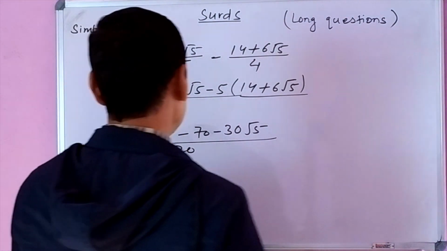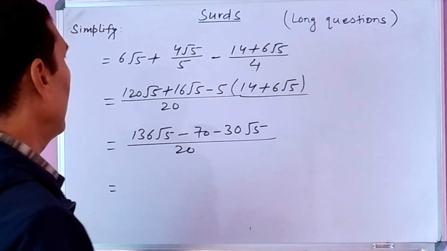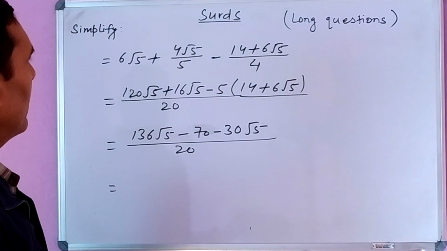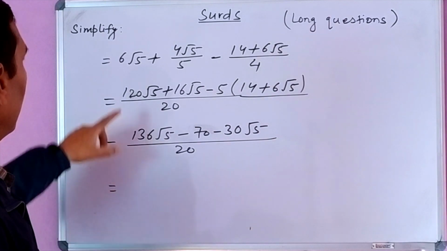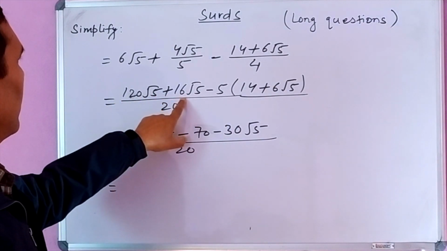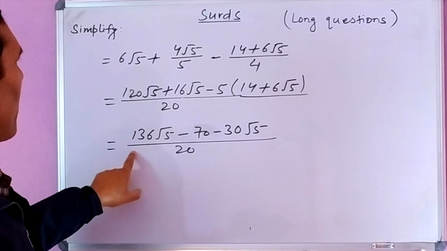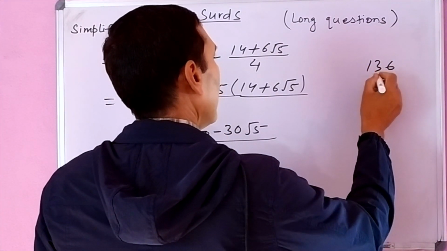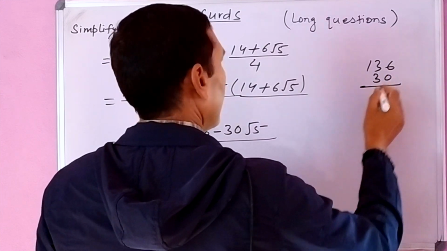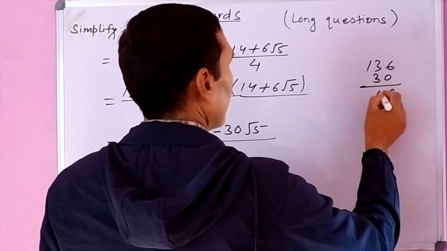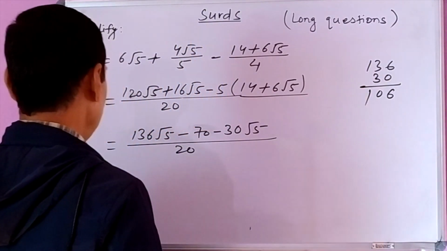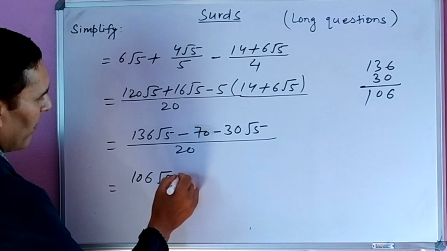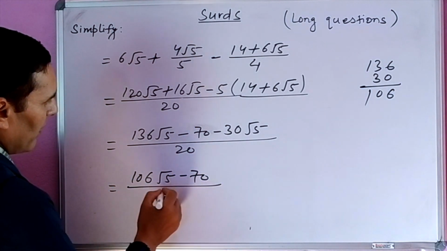So 136 root 5 minus 30 root 5, these are the like terms. 120 plus 16, 136 and minus 30. 136 minus 30 gives 106. 106 root 5 minus 70 upon 20.